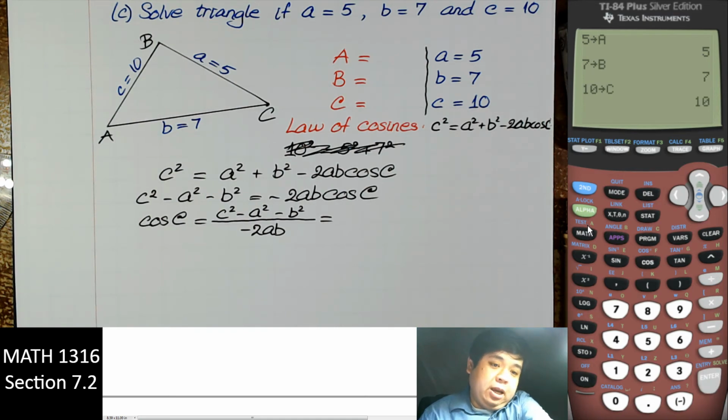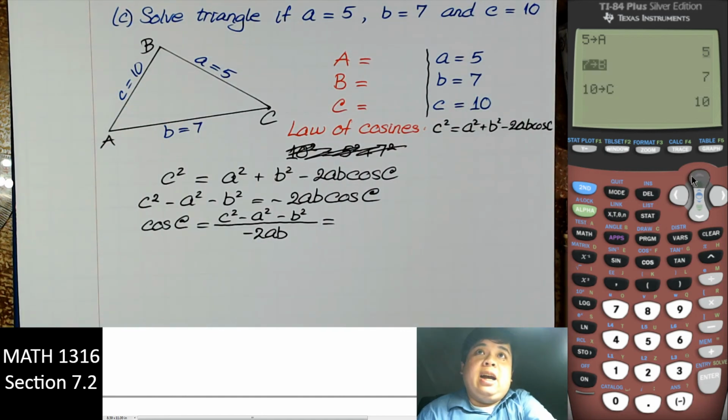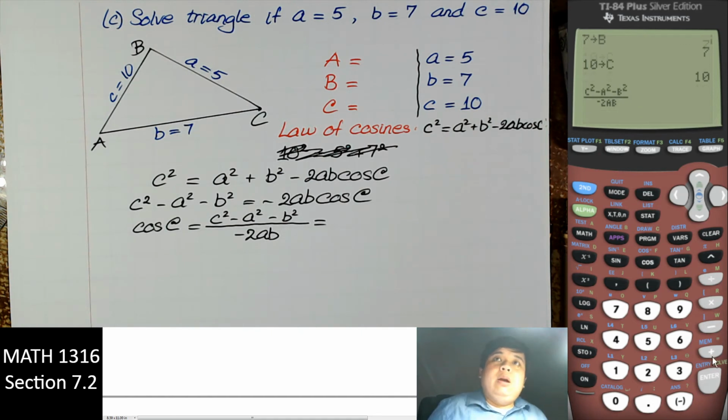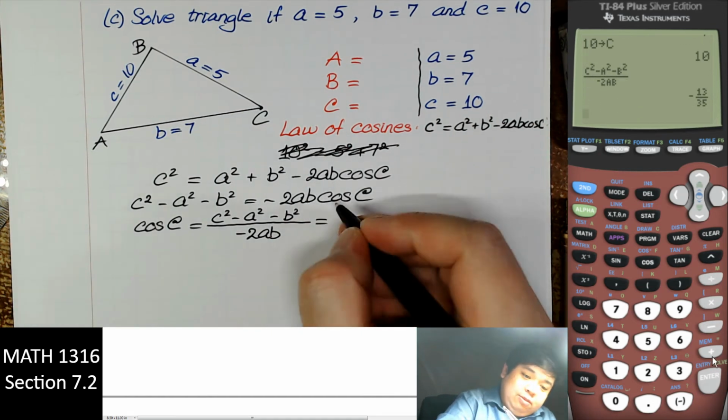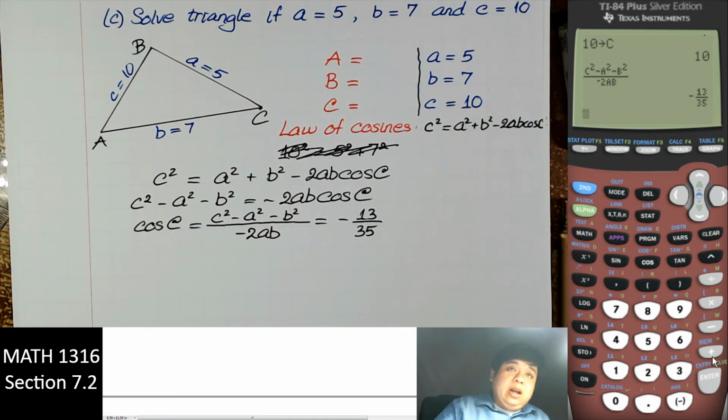A is 5, B is 7, and C is 10. I actually entered the formulas before, right? Oops, here. Negative 13 over 35. Right, we have the ratio.